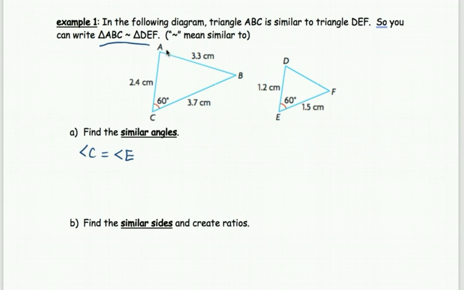So A and D are similar, and then B and E go together, and then C and F go together. So angle A, even though we don't know it, we know that these triangles are similar, so we could say angle A is equal to angle D in the other triangle. And the last one, angle B, is equal to angle F. And again, it all comes down to our similarity statement here.